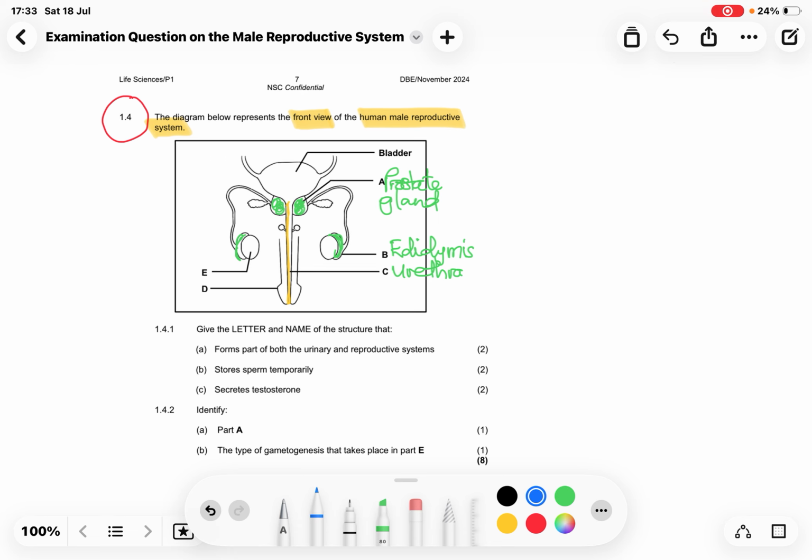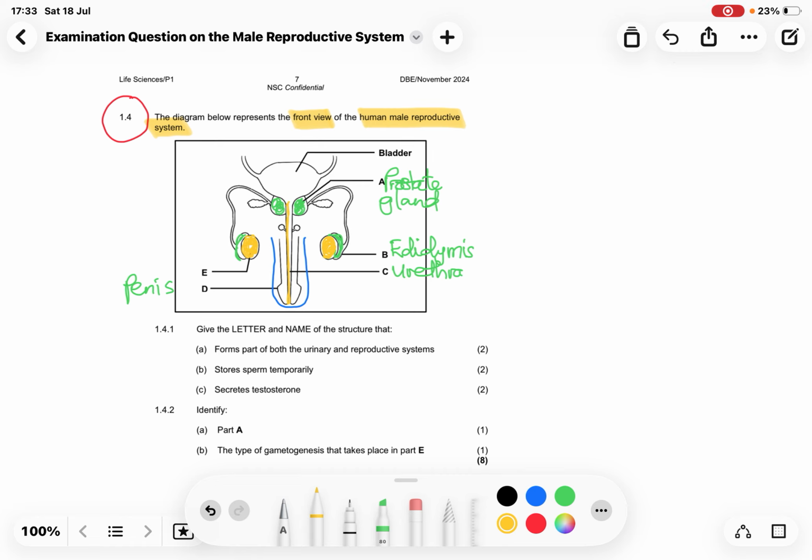Then let us look at part D. Part D is this whole thing, which is the organ that's found in this male reproductive system. And this organ is the penis. Then lastly, we're going to identify this part. There are two of them. We also have another one that side.